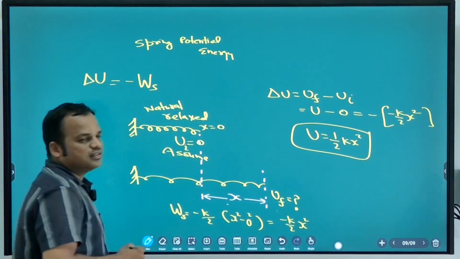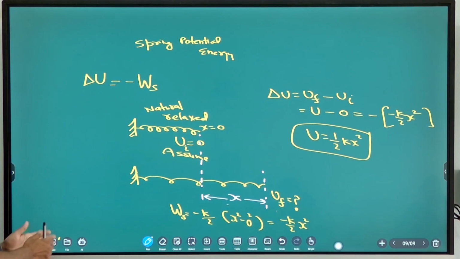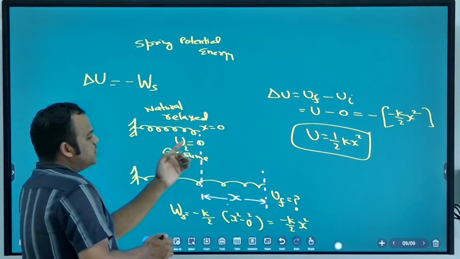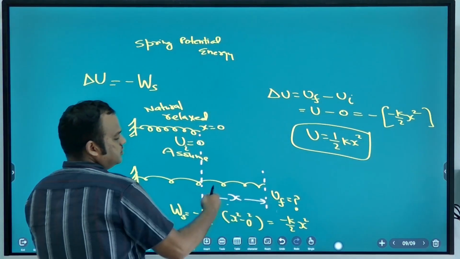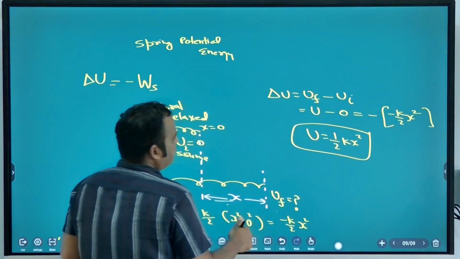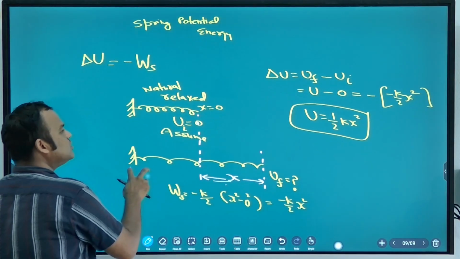So this is the formula for potential energy. Okay, clear? Understood? Suppose the spring is in its natural state. What is the potential energy? 0. If the elongation is x, then what is the potential energy of the spring? Half k x square. If the compression is x, then also the same formula.